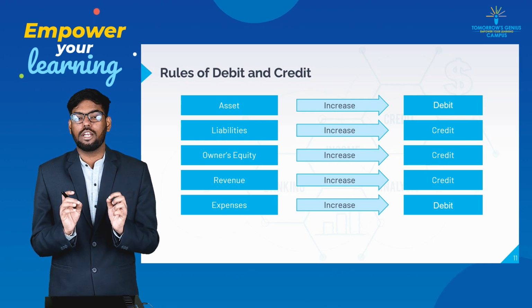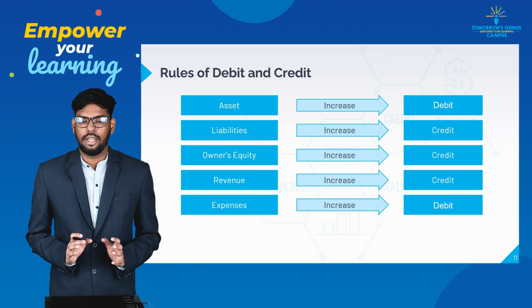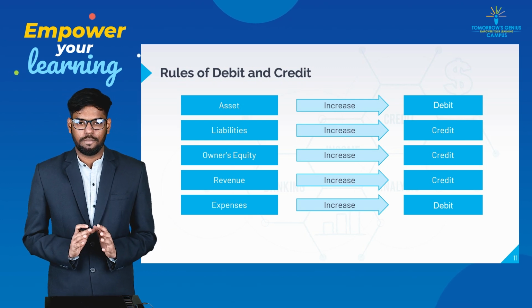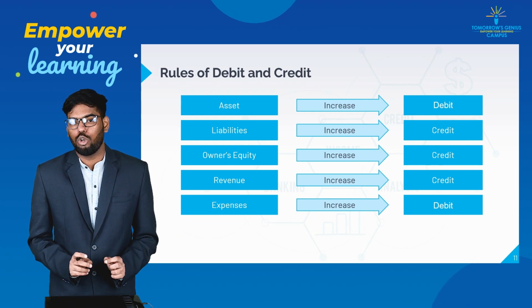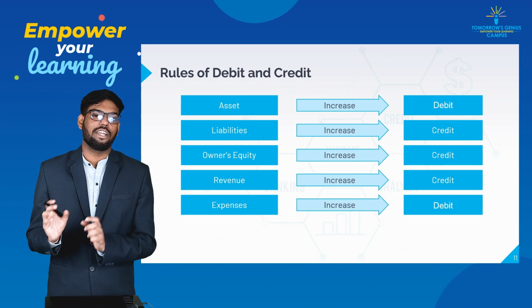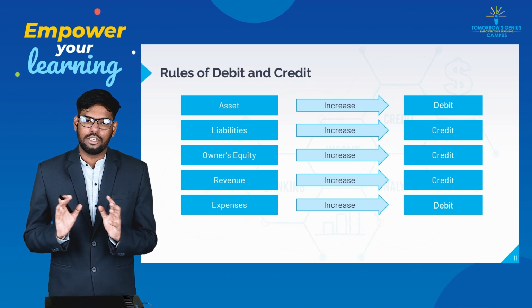When we talk about assets, an asset always has a debit balance. Liability always has a credit balance. Asset is debit, liability is credit.